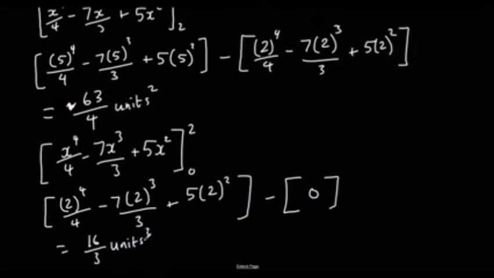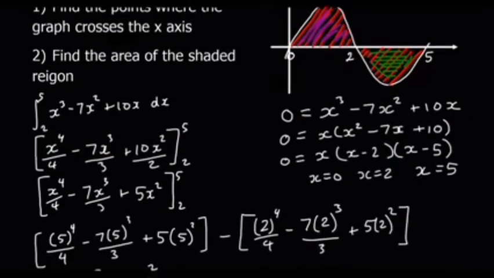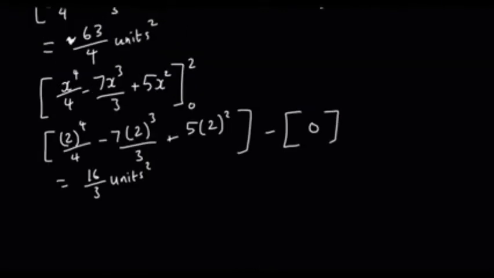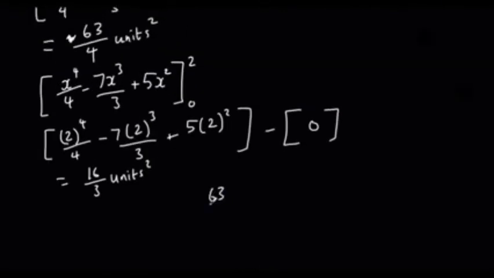So to work out the total shaded area, we're going to add the green bit to the purple bit. So we've got 63 over 4 plus 16 over 3, and that gives us 253 over 12 units squared.